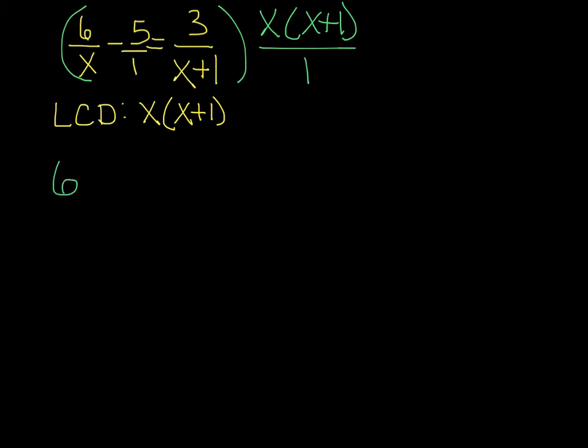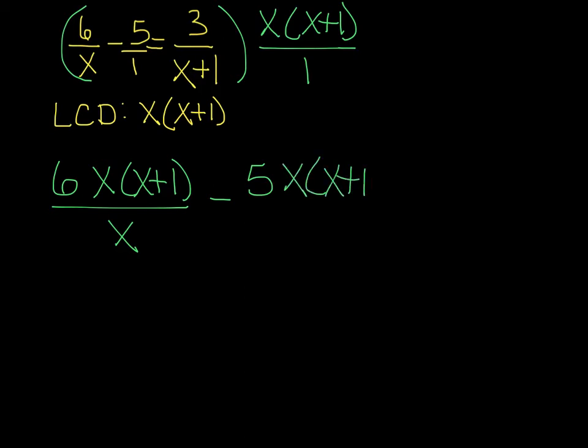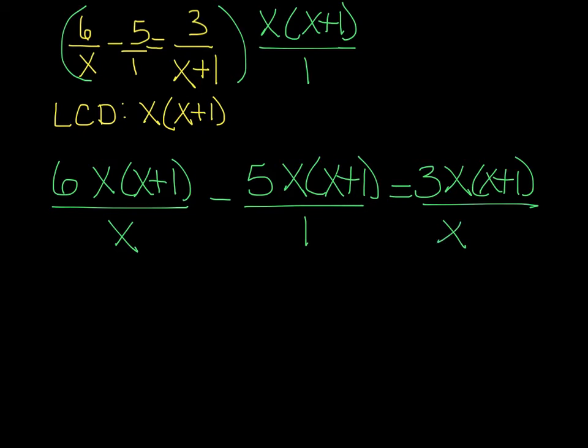So I have 6 times x times x plus 1 all over x minus 5 times x times x plus 1 all over 1 equals 3 times x times x plus 1 all over x plus 1. And then I can cancel things out.